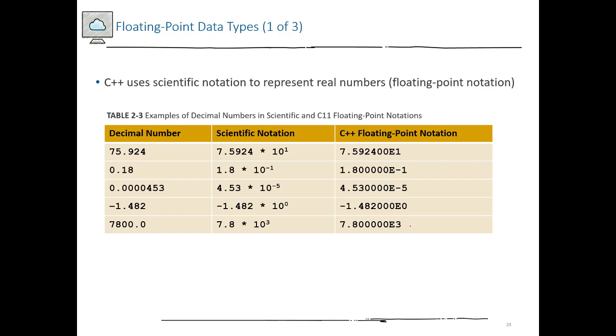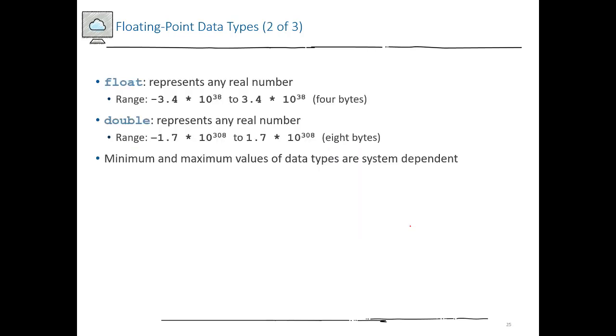So now, floating point data types. Here are examples of floating point data types. Floats have a range, and they use 4 bytes to represent floats in C++. These are some of the examples. And here is double.